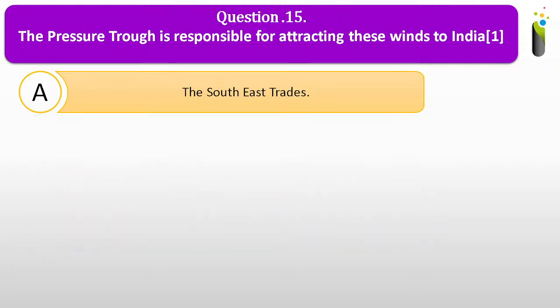And the correct answer for this question is southeast trades. So the pressure trough is responsible for attracting the southeast trades to India. Please remember these points.